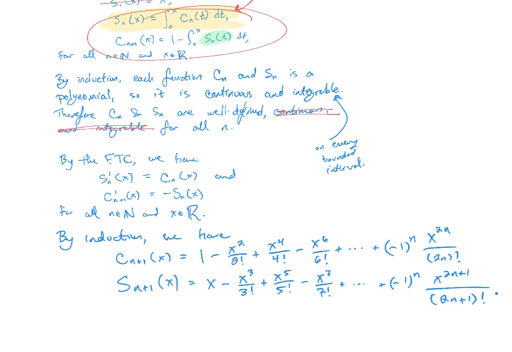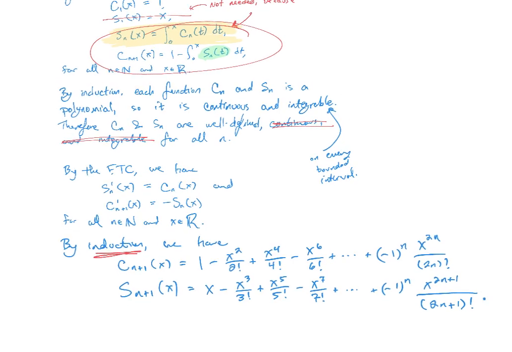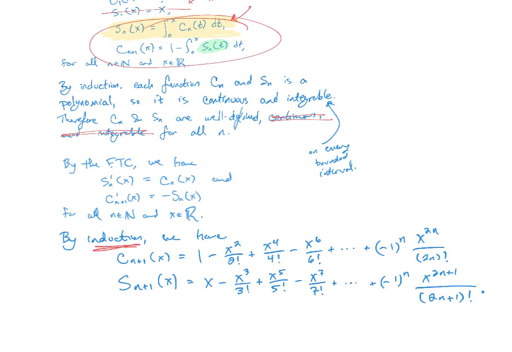The way we got them here is by repeated integration. So it's almost the opposite direction as we do in Calc 2 when we're doing Taylor series. Okay, and again, I didn't do the induction here, but I hope you can just stare at them and see that that's going to work.